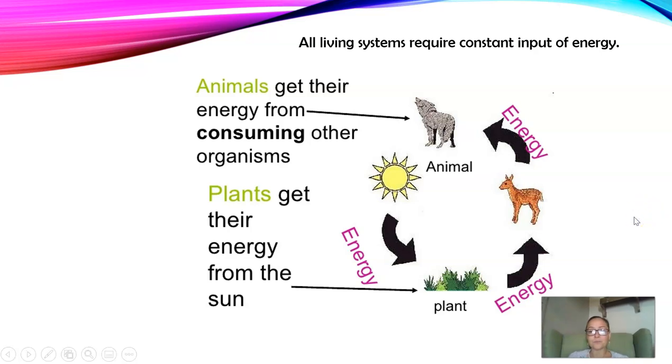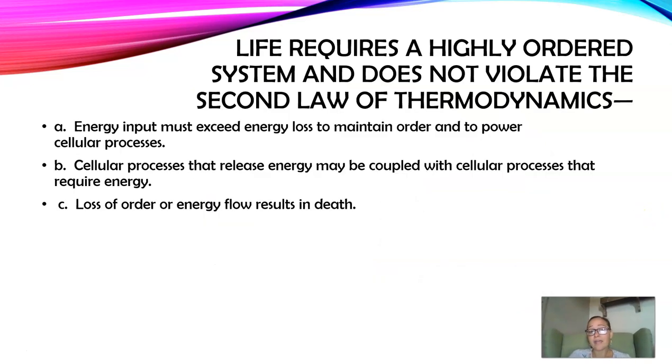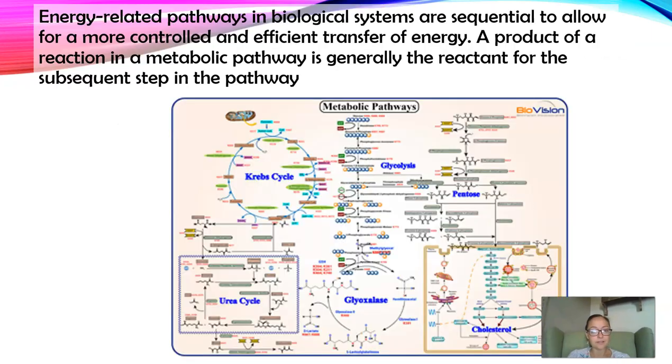Whether we're autotrophs or heterotrophs, we all require energy, and without energy, that results in death. This part C really ties into ecology, or Unit 8, when we think about energy flow in an ecosystem.